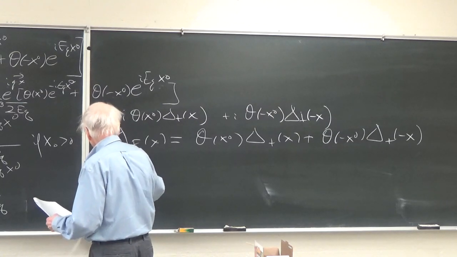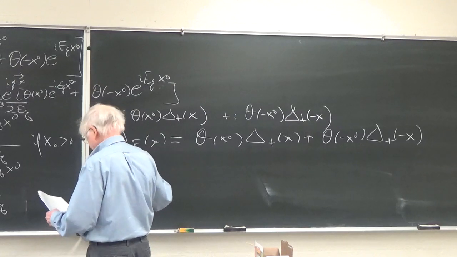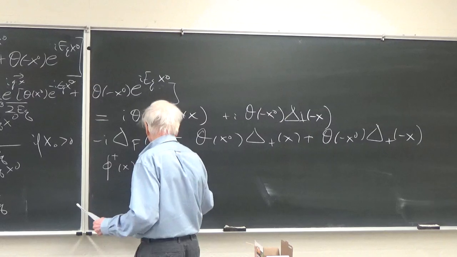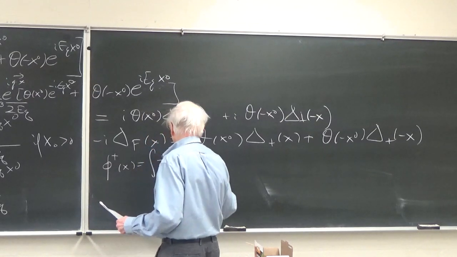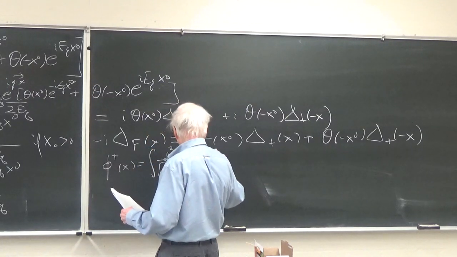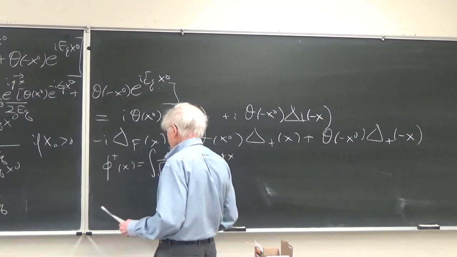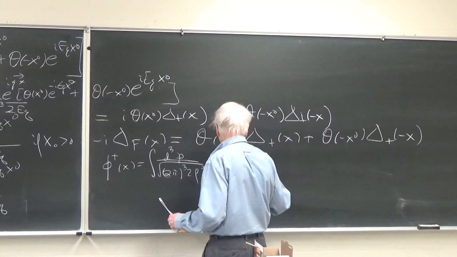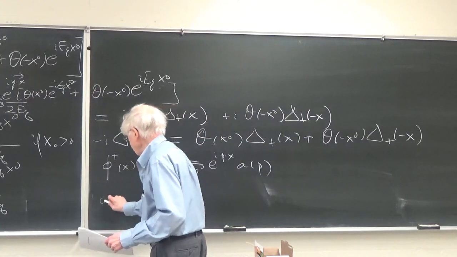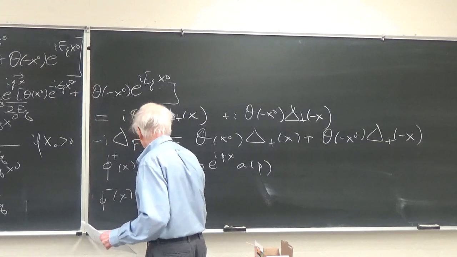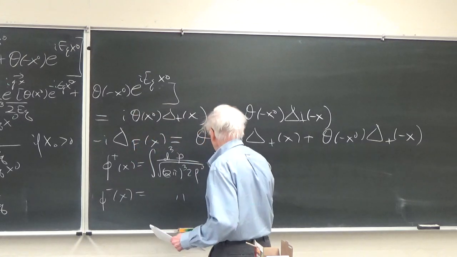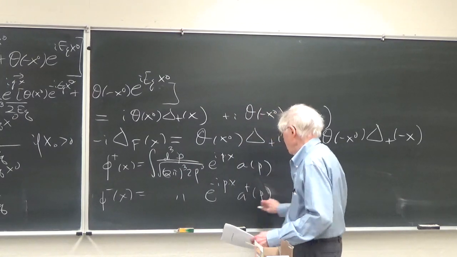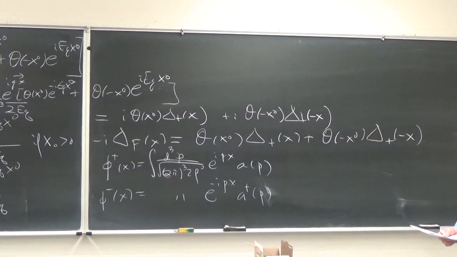If we're talking about a scalar field, then we have phi plus of x is dqp over the square root of 2 pi cubed 2p0 e to the I px and a of p, and phi minus, the negative frequency part, is the same thing, e to the minus I px. I'm talking about a real field, so we just have an A dagger there.